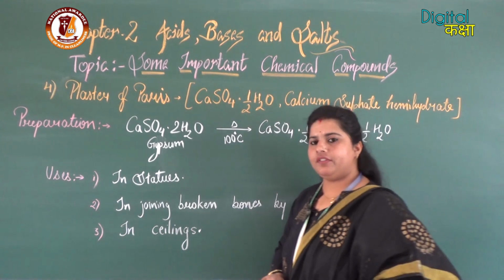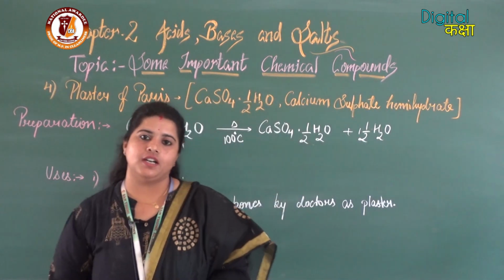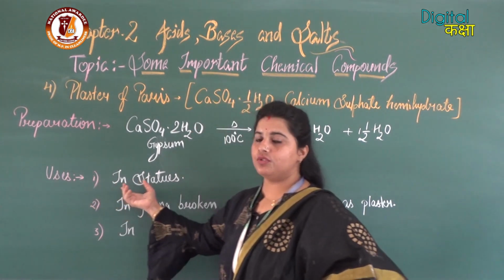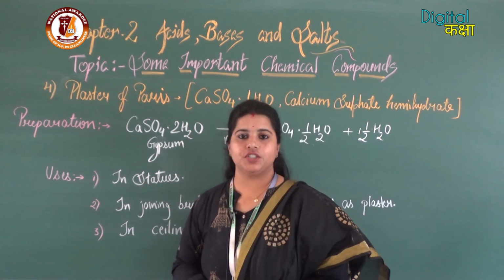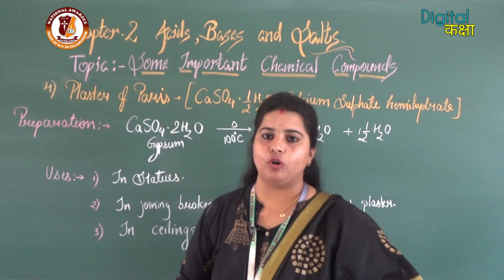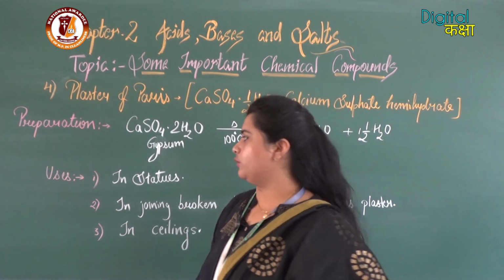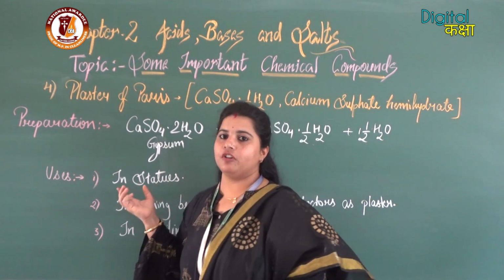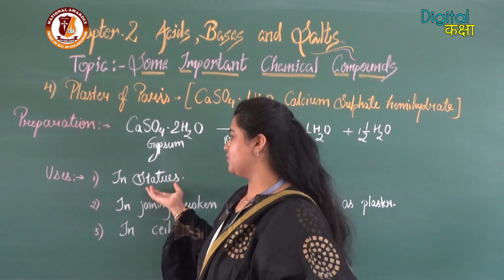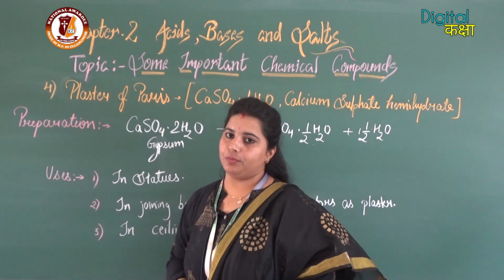Now POP we have heard a lot of times in our day-to-day life. The first use is in the preparation of statues. Nowadays, since we go for a clean, eco-friendly environment, we don't have statues made of POP as much, but they are still being manufactured with the help of POP.